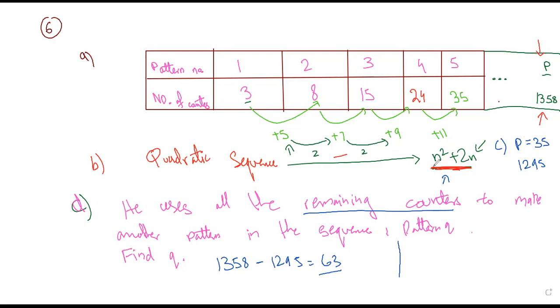Now again, we will just use this formula: n squared plus 2n equals 63. We need to find this n. Instead of n, I'll write q because we have pattern q. So q squared plus 2q minus 63 equals 0. We can either do it by middle term breaking or by the formula, and you will get q equals 7 or q equals minus 9. So the answer would be q equals 7, right?